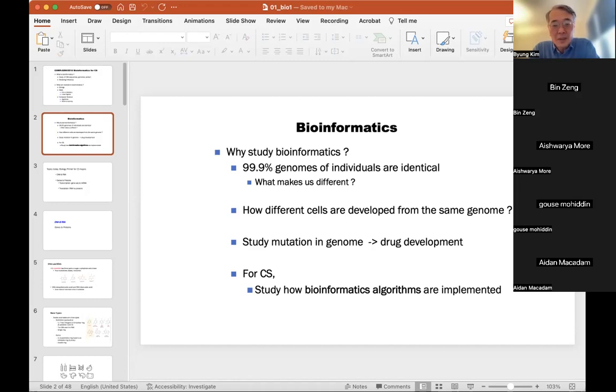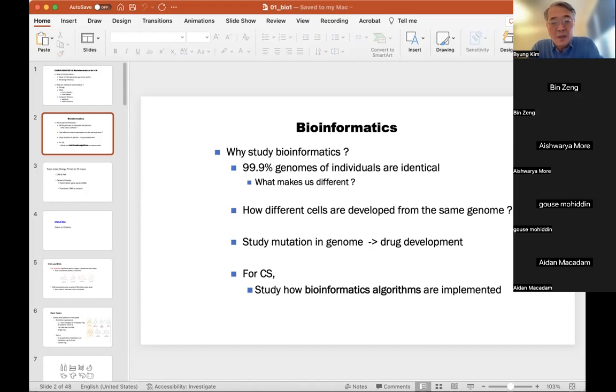Drug development usually takes about 10 years and $1 billion or more, because you have to go through animal testing and human testing and so forth. So these are more biological questions.